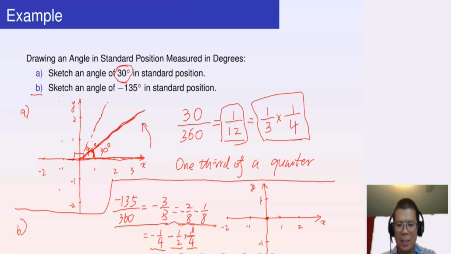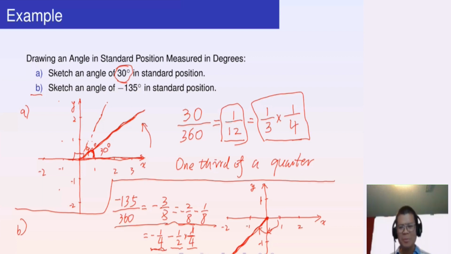Firstly, -1/4 is going to be the negative y-axis. Then you go by half of a quarter, which is just in between. Then you move on for another 1/2, and this is going to be the terminal side of this angle. Got it? Okay, very good.